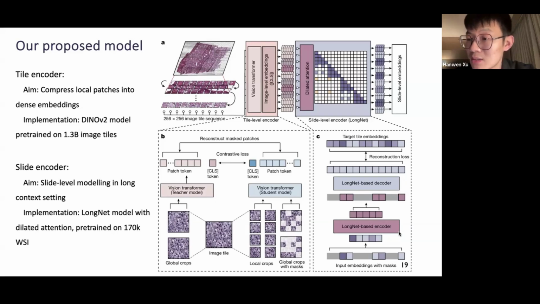But if we use other kinds of tile encoders, maybe the masked autoencoder and other masked modeling approaches, then those models heavily rely on fine-tuning to have good performance. That means if you use those models as the feature extractor, you need an end-to-end fine-tuning approach in every kind of task.